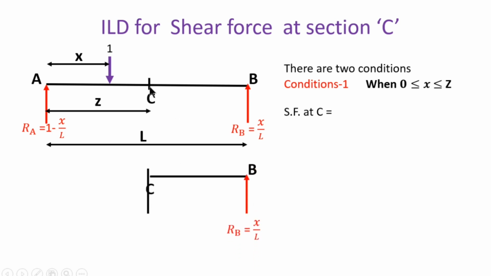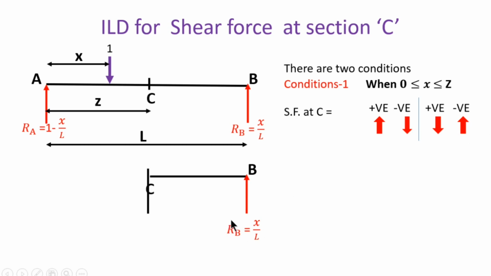Here, if you take it from the right side, we'll draw the separate diagram here. From the right side, shear force at C, this is sign convention, we are taking from the right side: upward force is negative and downward force is positive. Now from the right side there is only one force, and that is Rb.